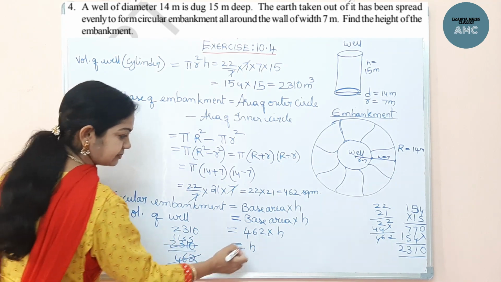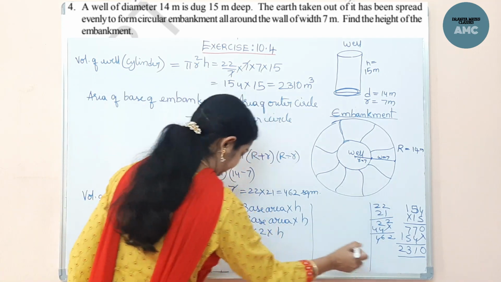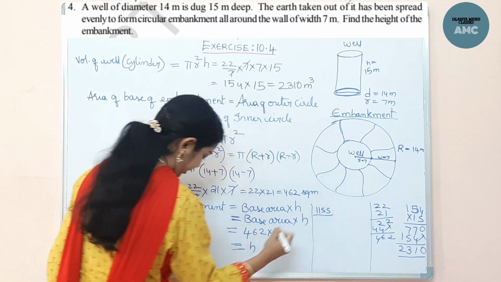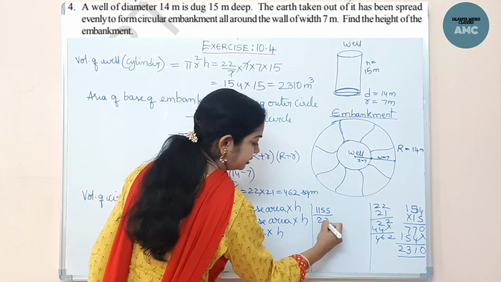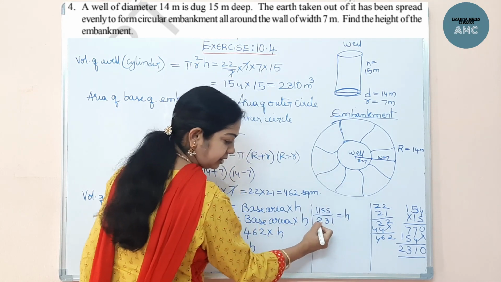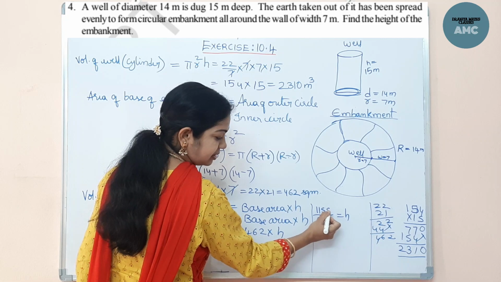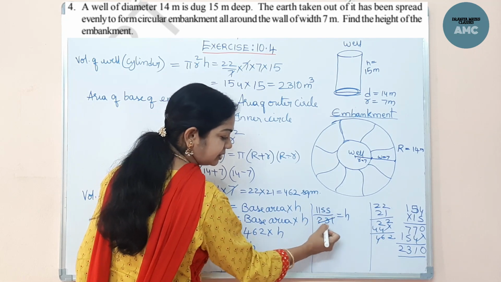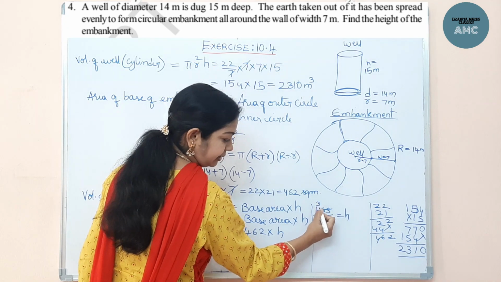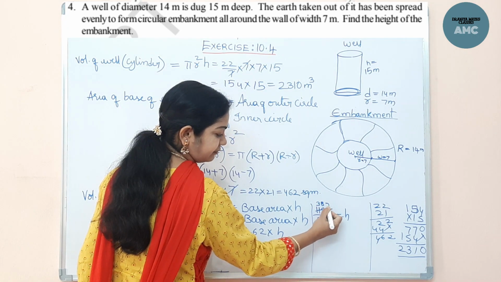Now we will write this part here. So 1155 by 231 is equal to h, height of this embankment. Okay, now here if you sum these digits, 5 plus 1 is 6, 10, 11, 12, so this goes with 3. Okay, here 3 3s are 9, 2 3 8s are 24, 3 5s are 15.